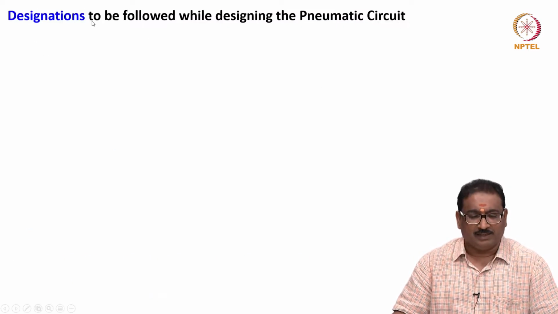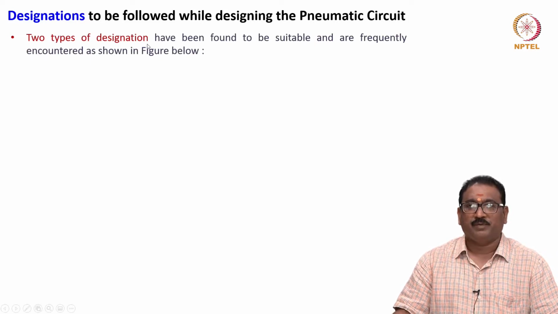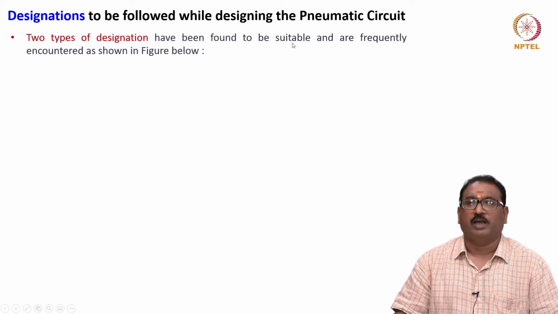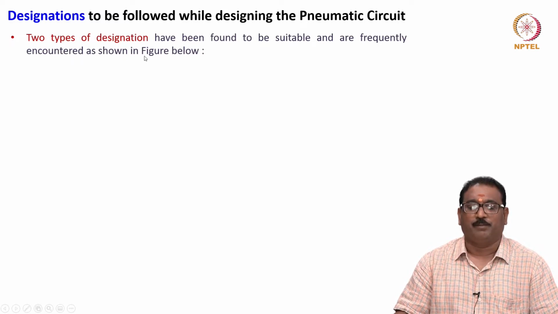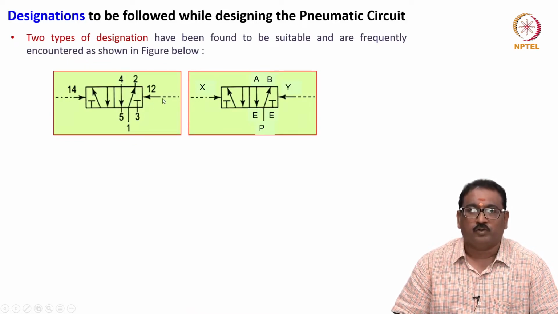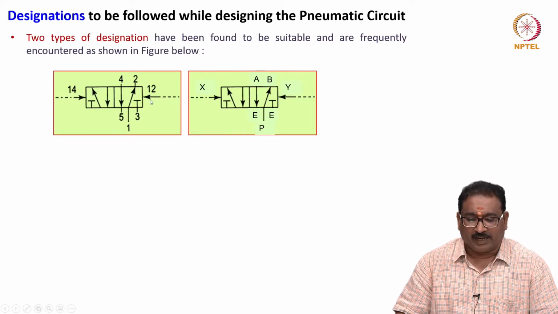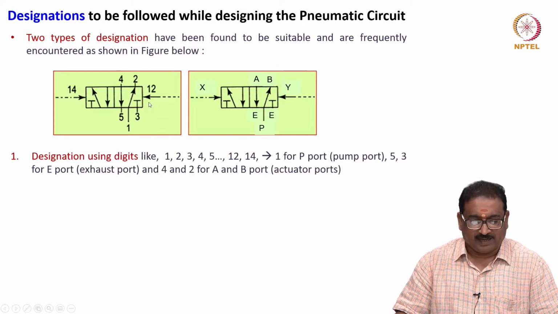Then quickly we will see the designations to be followed while designing pneumatic circuits. Two types of designations have been found to be suitable and are frequently encountered, as shown in the figure below. You will see there are two types of designations for the valves, actuators, all. Here I am showing you the direction control valves, how they are represented.